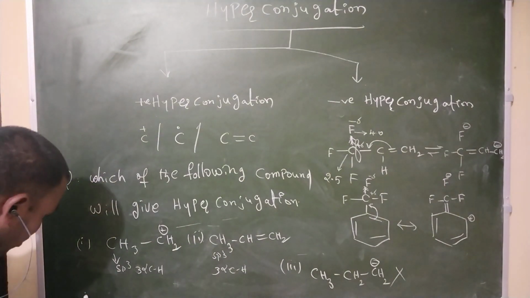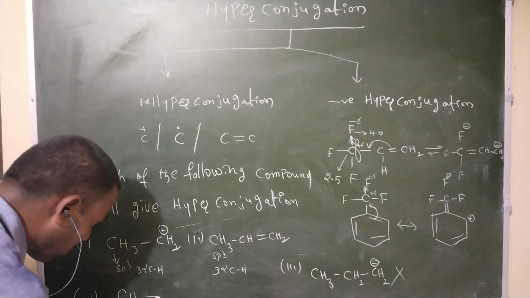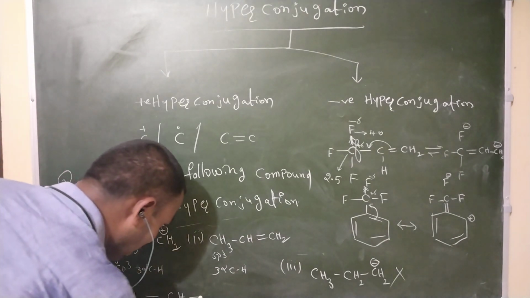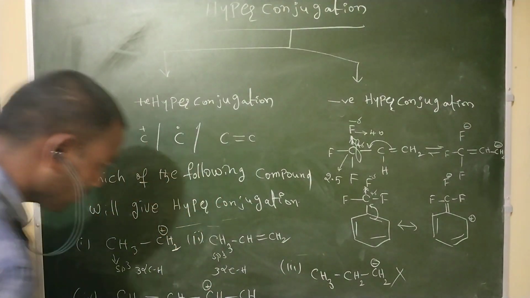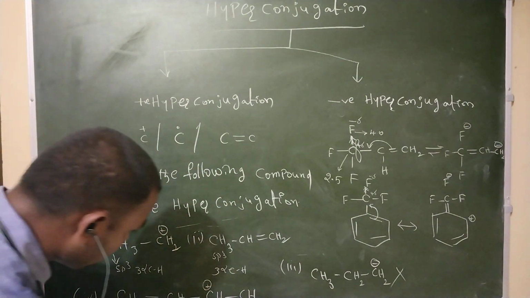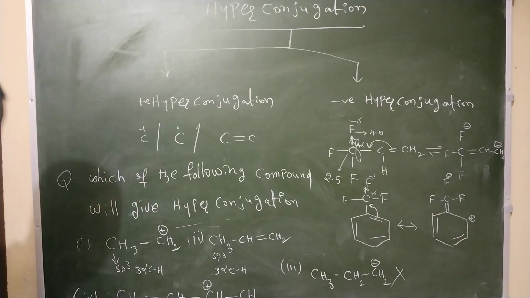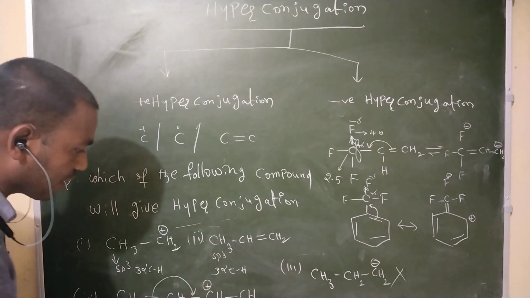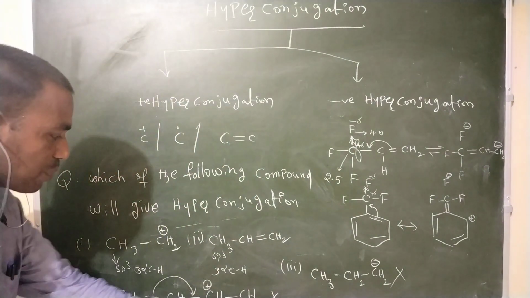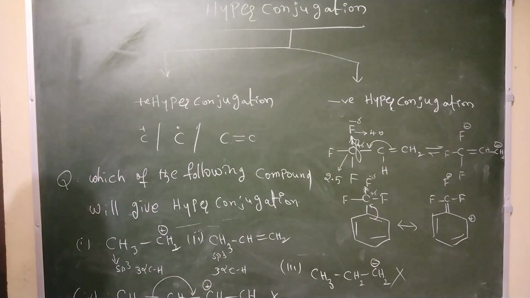And also if we go with this kind of structure, CH2=CH, then CH plus, then CH3. This structure also won't give hyperconjugation because the resonance effect is dominating here. That is the reason this sp3 carbon hydrogen also won't give hyperconjugation, right?